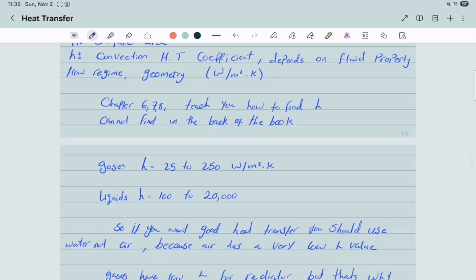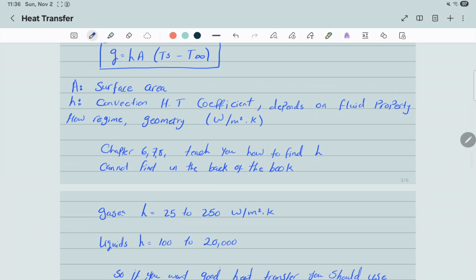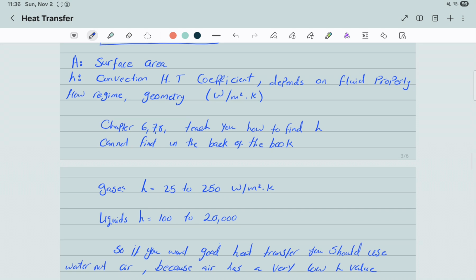Some rough estimations for H: the convection coefficient for gases is roughly between 25 and 250 watts per meter squared Kelvin, whereas for liquids the convection coefficient is between 100 and 20,000.